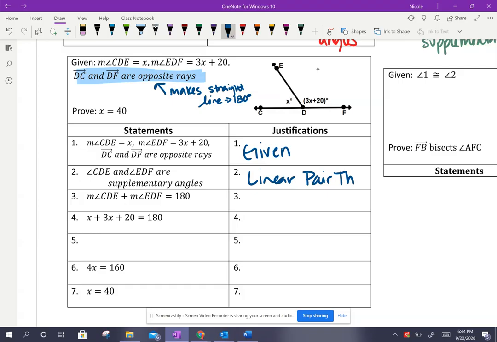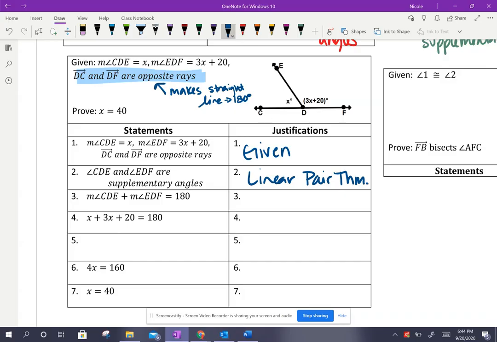Linear pair theorem, and I'm going to shorten theorem with THM. So because they are adjacent in the figure and together they are on a straight line that we know has a measure of 180 degrees, they are supplementary by the linear pair theorem.